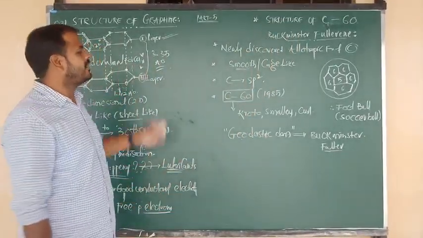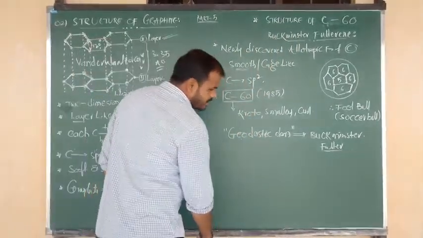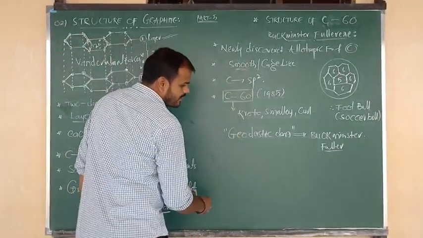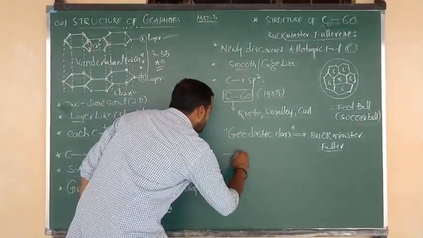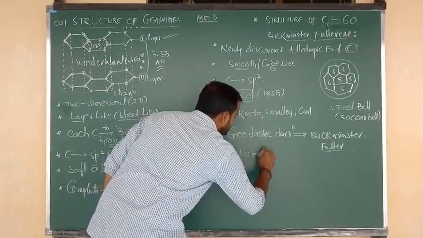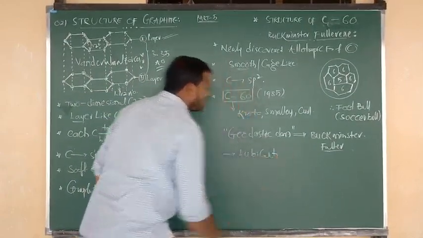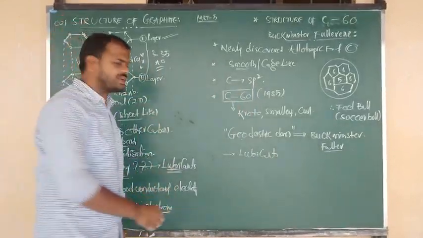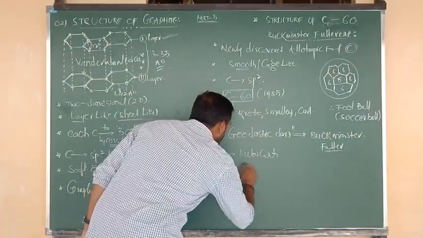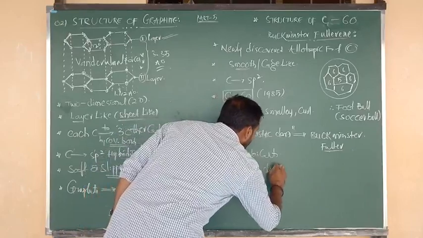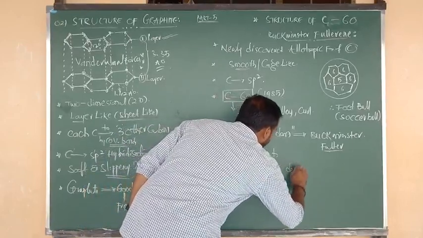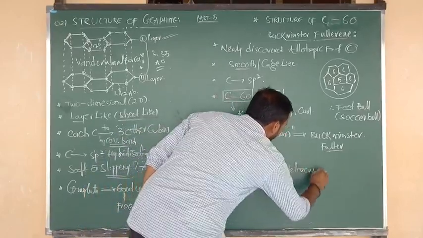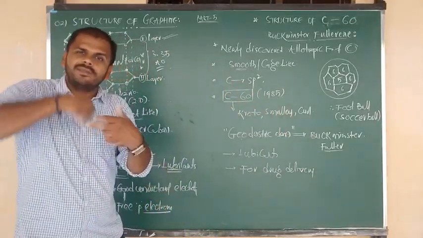Now the final thing I want to say: what are the uses of fullerenes? Fullerenes can be used as lubricants, like graphite. They can be used as catalysts to increase the rate of reaction. They can be used for drug delivery in the body.